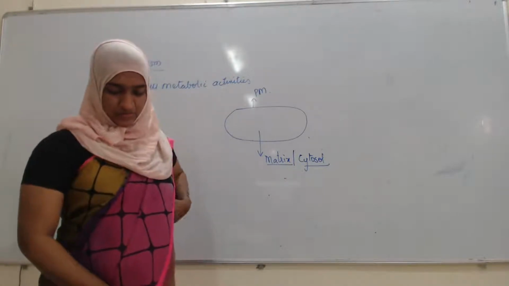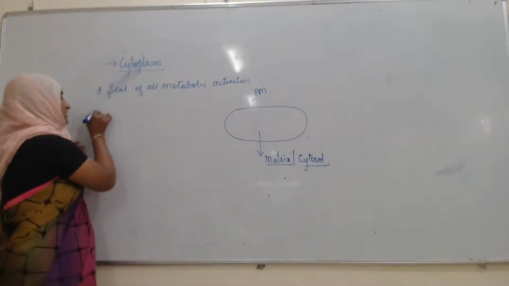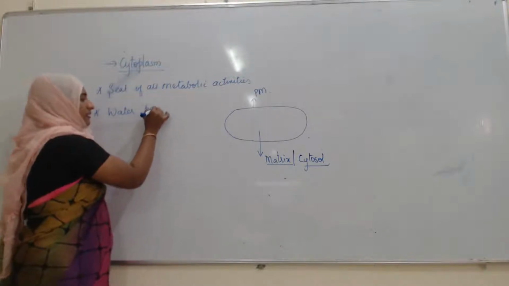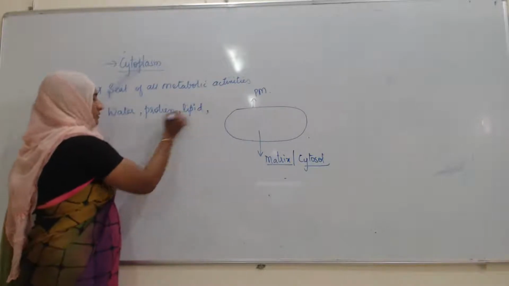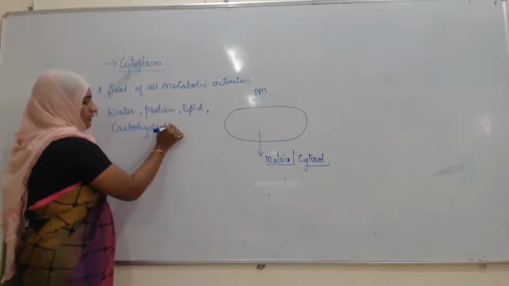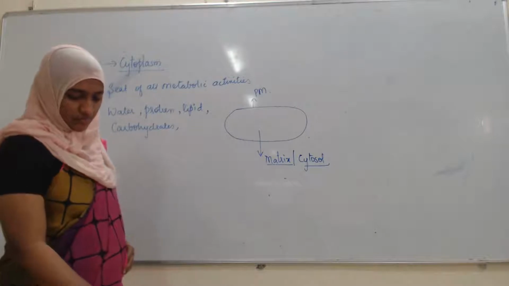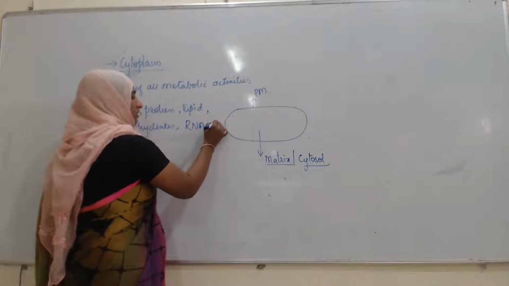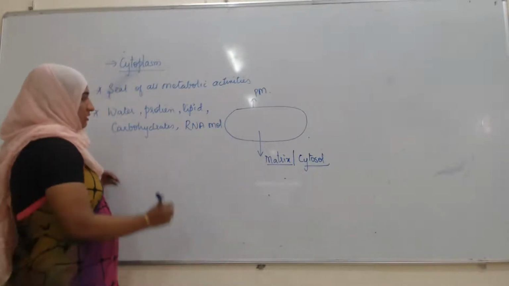The cytosol consists of water, protein, lipids, carbohydrates, then it also contains different types of RNA molecules, and various smaller molecules.